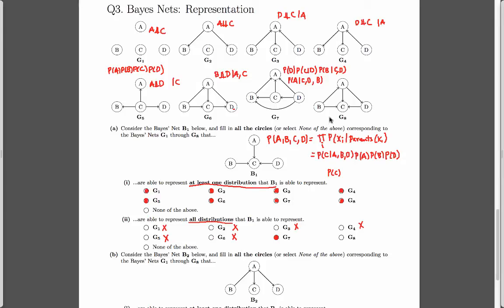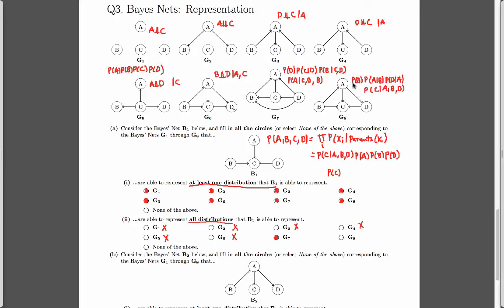Now let's look at G8. So in this case, if we write out the probability distribution, we get the probability of B times the probability of A given B times the probability of D given A times the probability of C given A, B, and D. And we'll see that this term right here, C given A, B, and D, is exactly the same as this term right here.